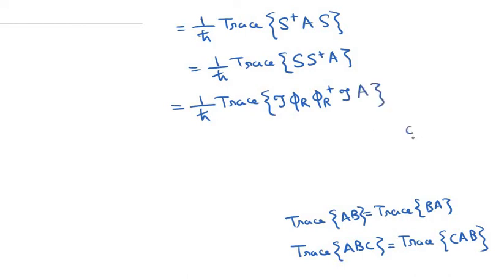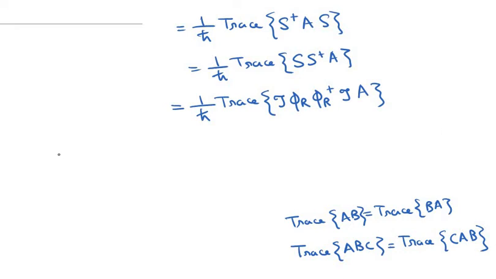Now we do not know what this row vector phi r is, because it is the eigenstate of the contact, but we have an idea of what kind of matrix this would be, because it depends on the statistical properties of the contact.